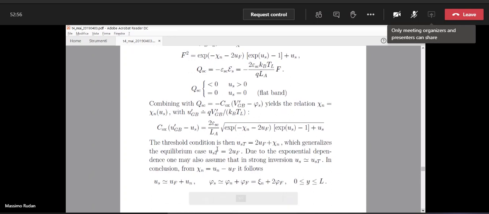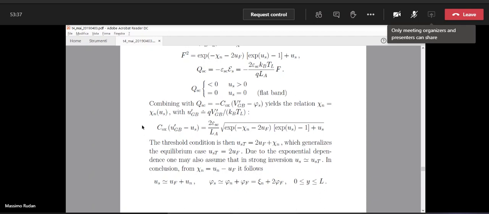In this relation, we must define the normalized gate to bulk voltage UGB prime. And by equating this expression to the other one, we obtain a relation in which, as you can see immediately, the only unknown is US, if we consider chi-n as given.